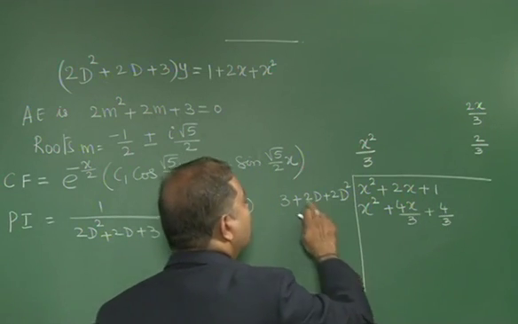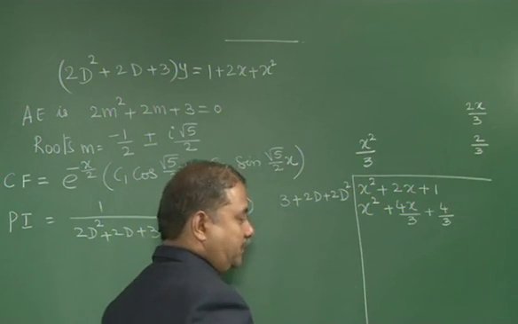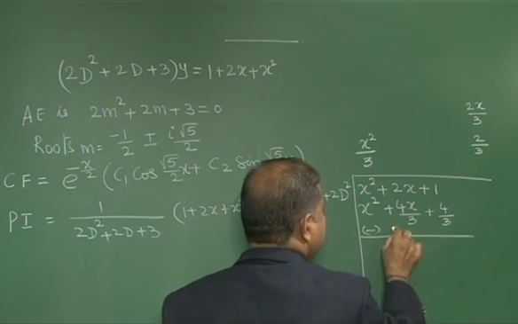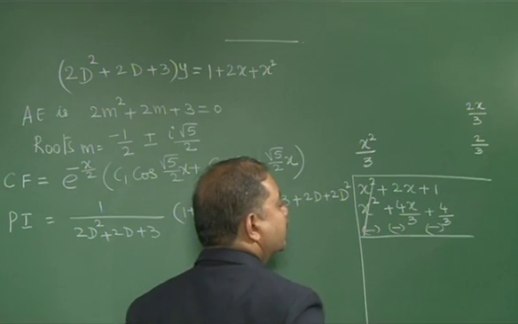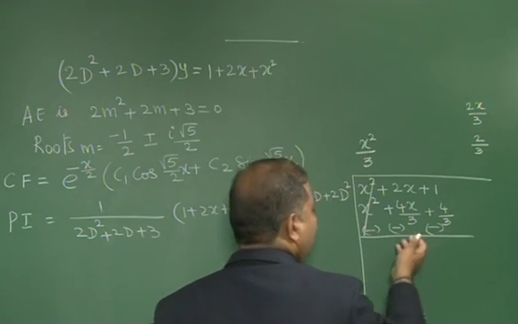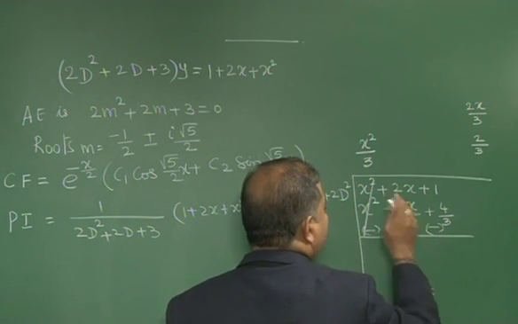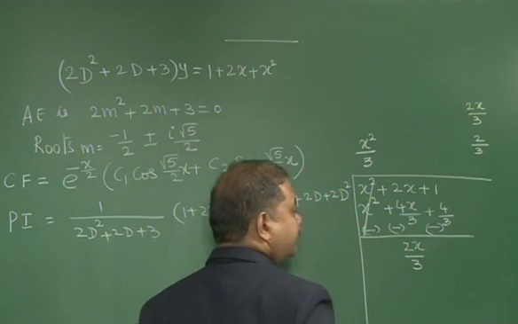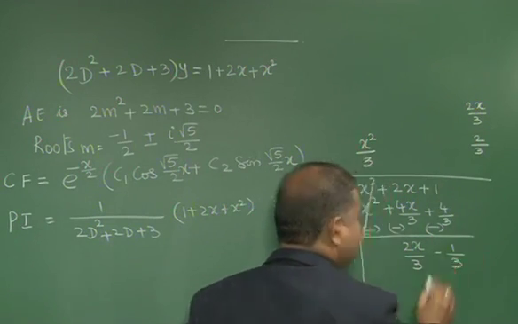Now change the sign, minus, minus, minus, cancelling this. Simplify: 3 twos are 6 minus 4, so 2x by 3. 3 minus 4, so minus 1 by 3.